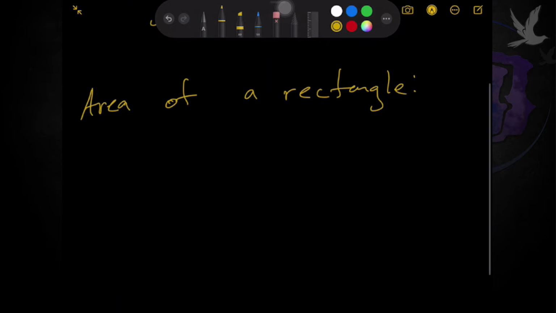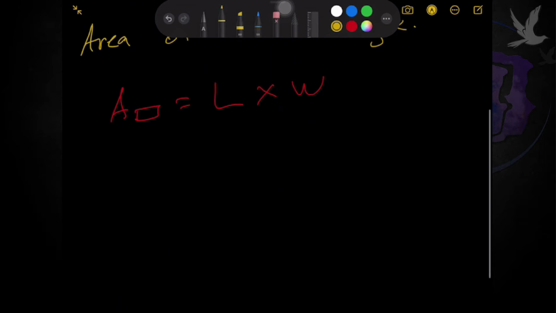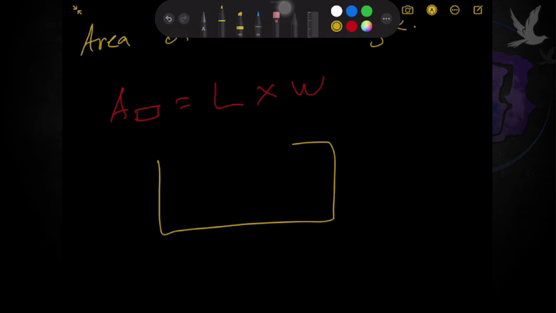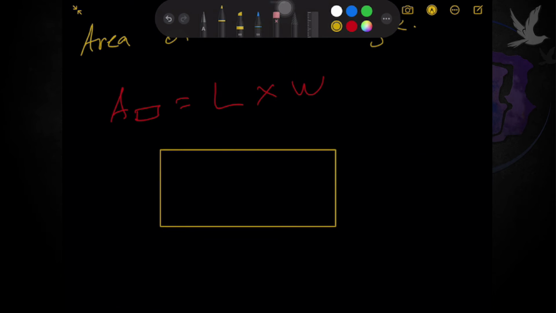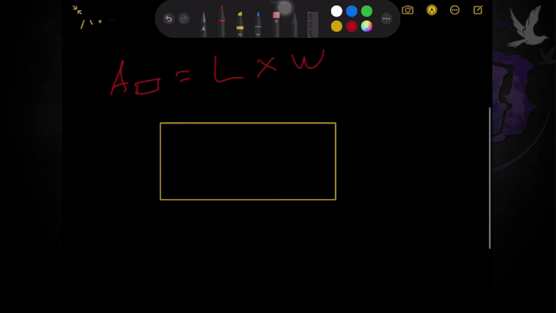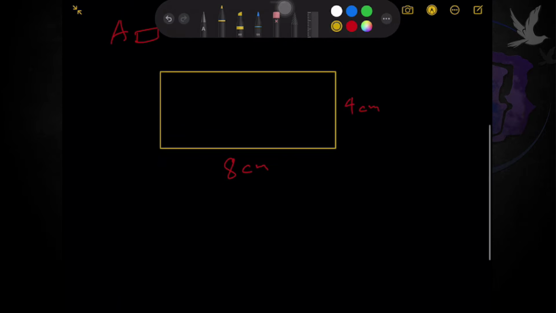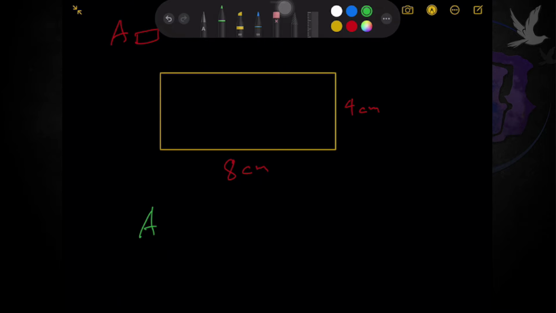You already learned this before, that solving for the area of a rectangle is equivalent to length times width, right? So for example, if we have a rectangle over here with length equivalent to, let's say, 8 centimeters and width equivalent to 4 centimeters, using the formula given, area of a rectangle is equivalent to length times width.